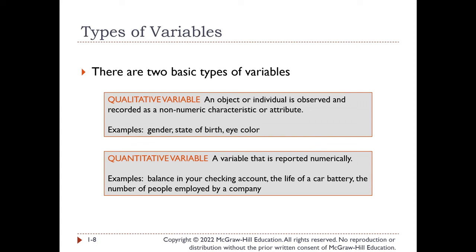Now, since we're dealing with non-numeric in the first one, the other part, quantitative, having quantity in its name, is of course the variables that are reported numerically. And they give examples like the balance in your checking account, the life of a car battery, the number of people employed by a company.